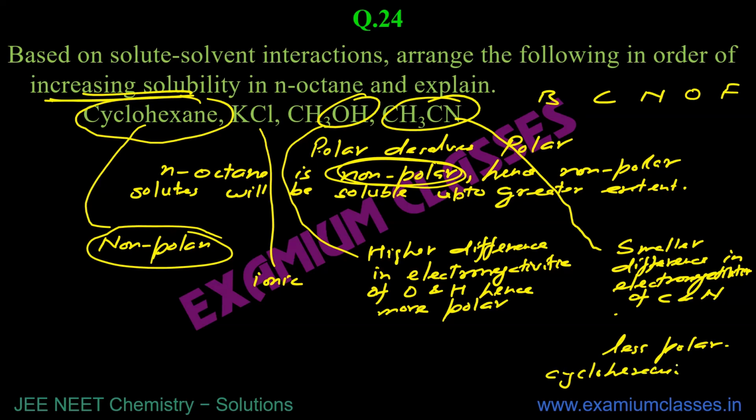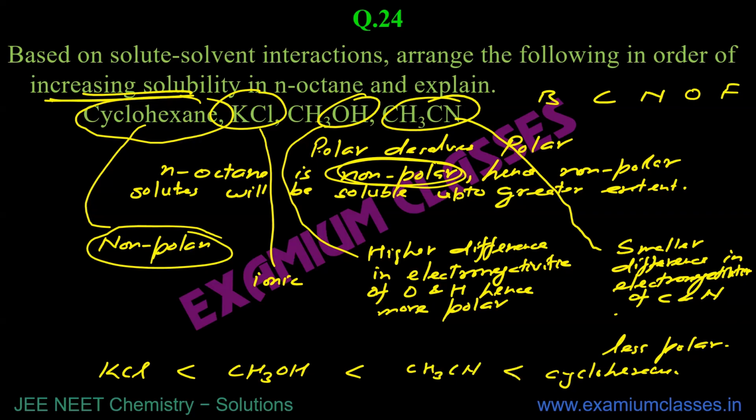Then the most ionic will have least solubility, so KCl will be in the beginning. Then more polar will be less soluble, so more polar is CH3OH, and CH3CN is less polar, will be more soluble.